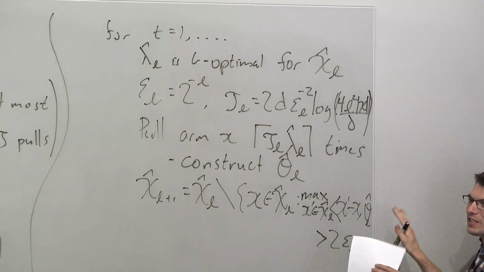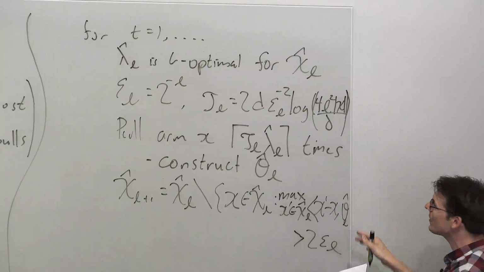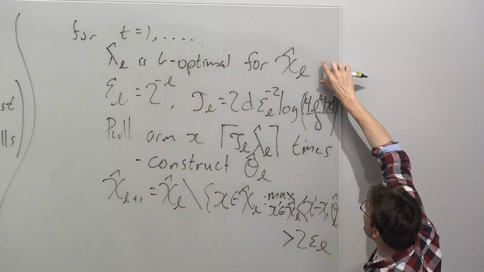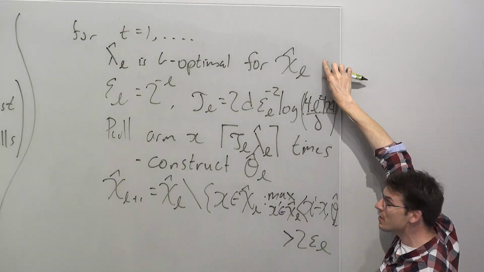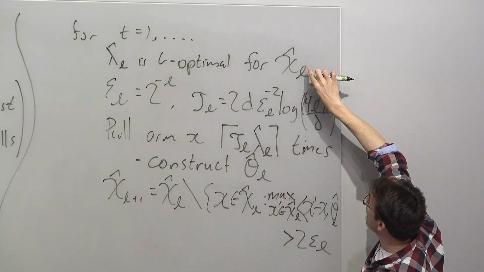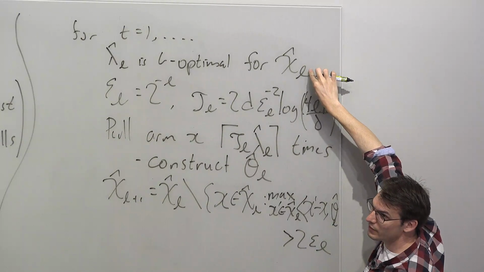The only thing I've changed from the last algorithm to this algorithm is which arms I'm sampling. Instead of sampling uniformly at random, I'm going to sample according to this G-optimal design.